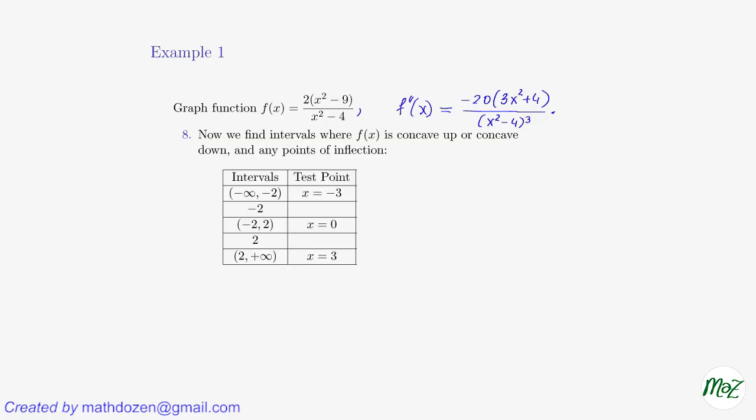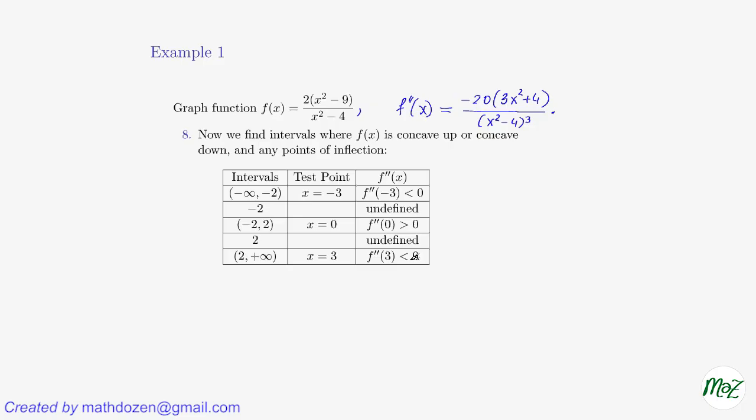On each of those intervals we choose those test points, negative 3, 0, and 3, and then put those test points into the second derivative. So you see what happens at negative 3.